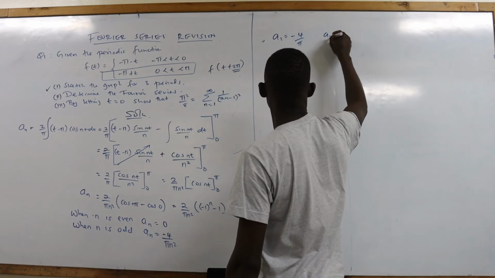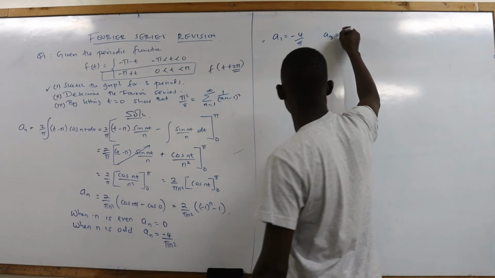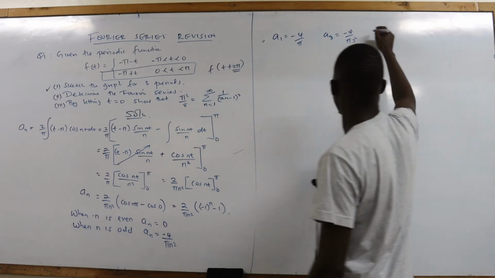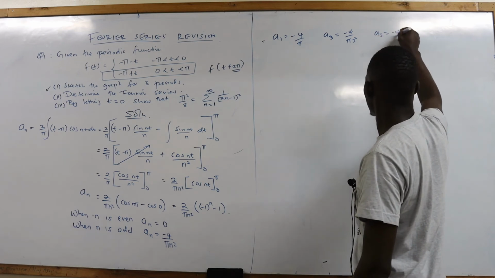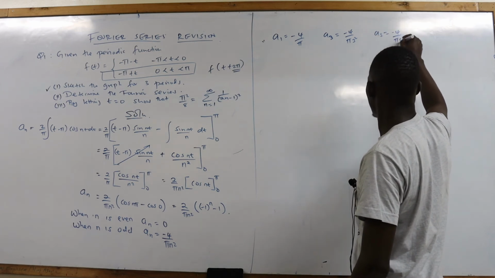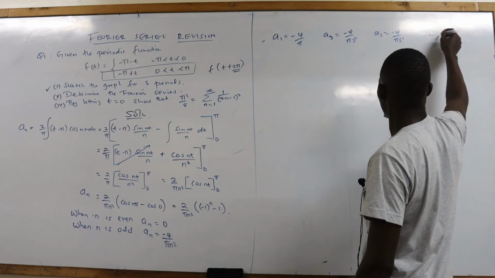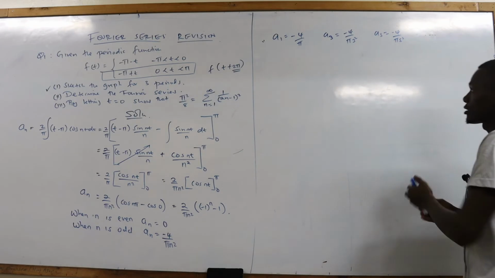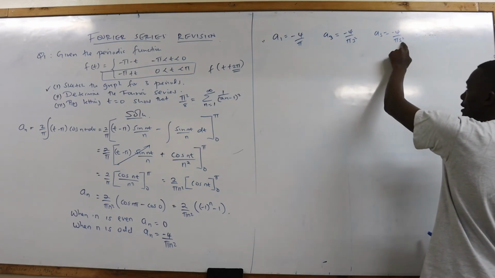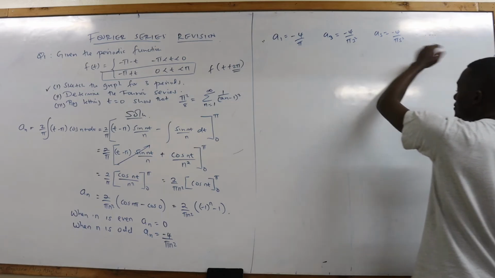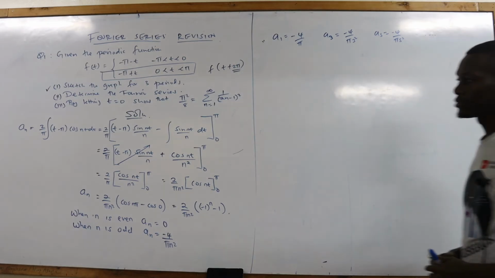We can have a3, which will be -4 over pi times 3 squared. And then a5, -4 over pi times 5 squared, and so on and so forth. It goes on, but only when these values are odd numbers: 1, 3, 5, 7, 9, and so on.